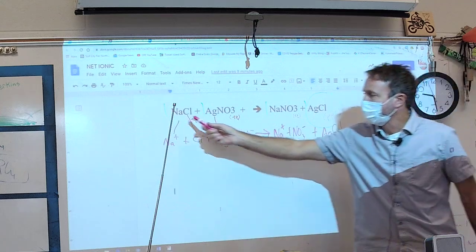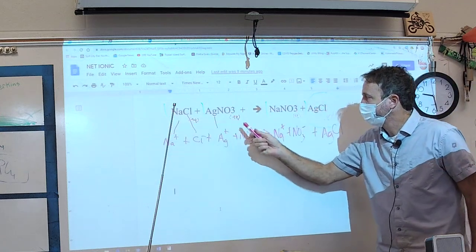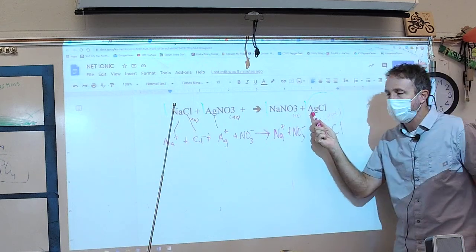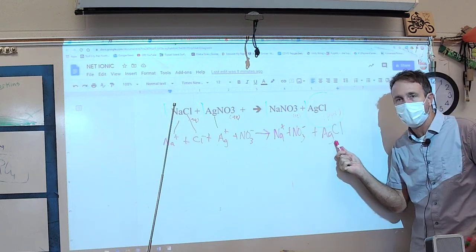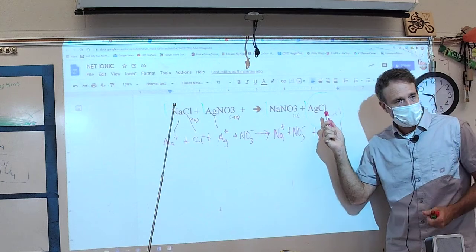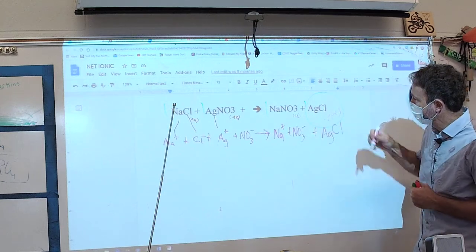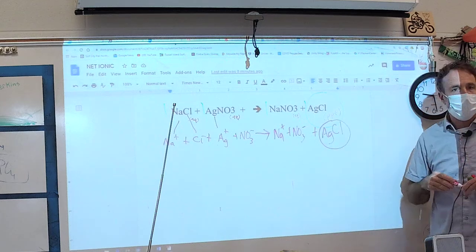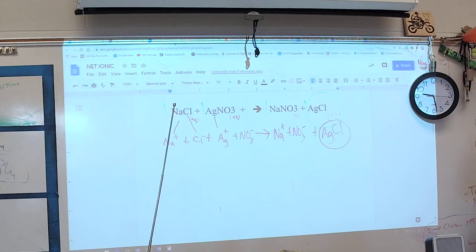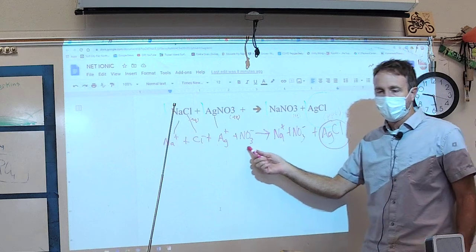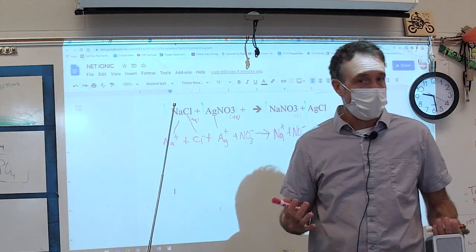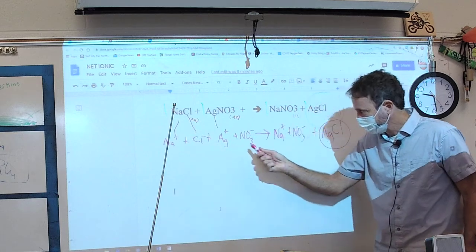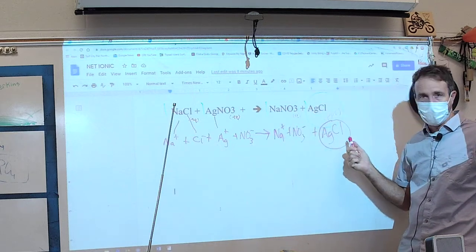So you separate all of these out, right? And then the one that is your precipitate, you leave together. That's why I have you circle it. This guy is still a compound in the water. Does that make sense? So this part of the equation is called the complete ionic equation because you have all of the ions that are floating around in the water.